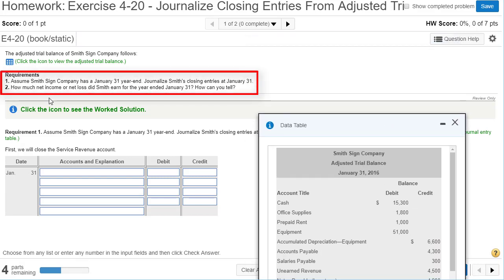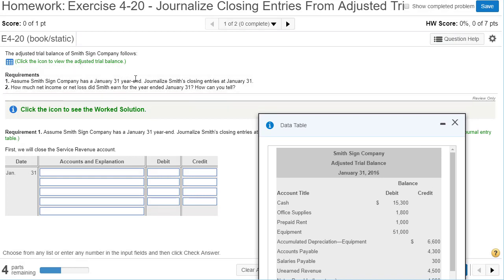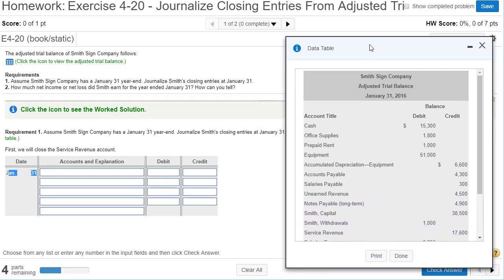So let's see what else it says. Assume Smith Sign Company has a January 31 year end. So it's January 31, as you can see right here. So it's the end of their year. So we're going to close out these temporary accounts, revenues, expenses, and draws, and move them into capital. And then we will calculate how much net income or net loss the company had.